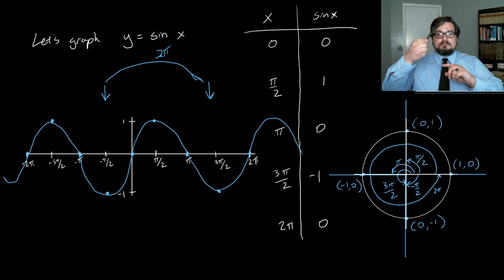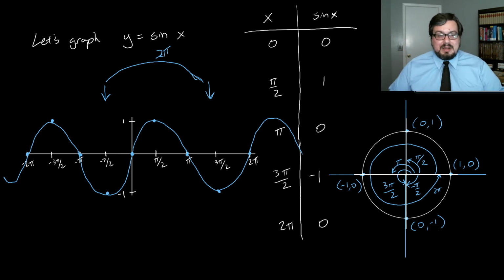But then, as we start moving, we're going to move up and get higher and higher y values, and then eventually start coming back down, getting lower, bottoming out here at -1, continuing on, going up, and looping around and around and around. And that's exactly what's going on here with the graph of sine.